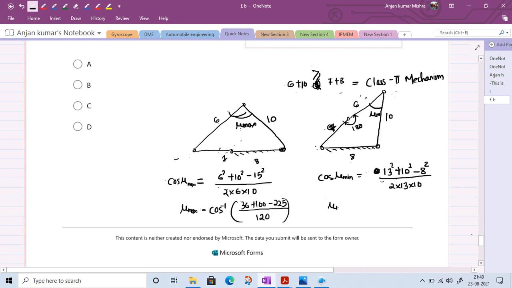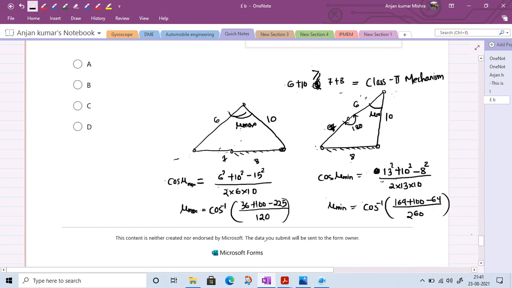So mu minimum is equal to cos inverse of minus 64, 2 into 13, that is by 60.